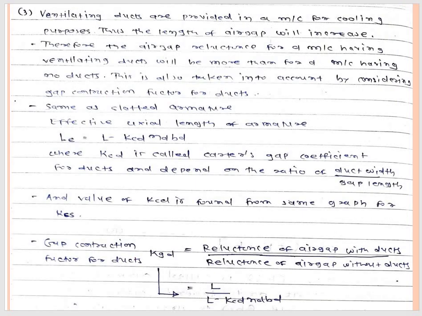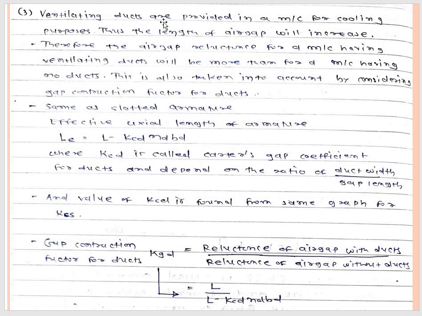Now the third consideration is ventilating ducts. The second was for slotted armatures, and the third one is for the ventilating ducts. Ventilating ducts are provided in a machine for cooling purposes.